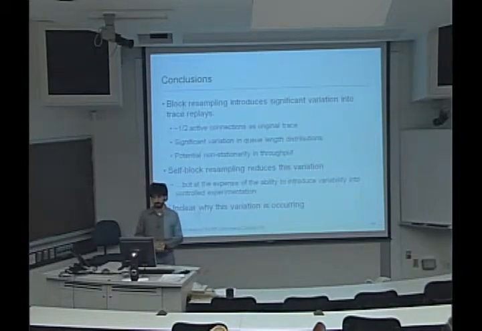Using self-block resampling reduces this variation, but you lose your ability to introduce controlled variation into the experiment, which arguably you never really had before. It doesn't even get rid of all the variation, so it's not really the full answer, and it's still unclear why this is occurring. I guess fundamentally, scaling network traffic is not as simple as it might seem at first.